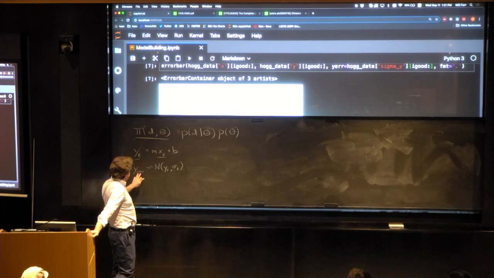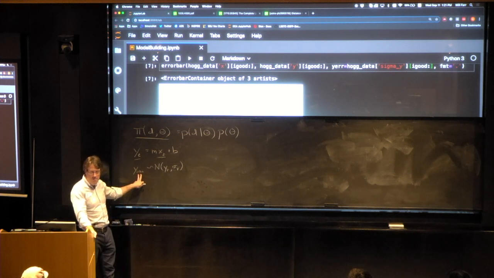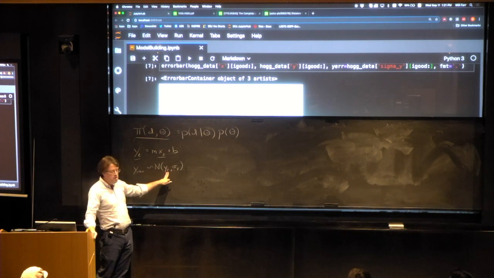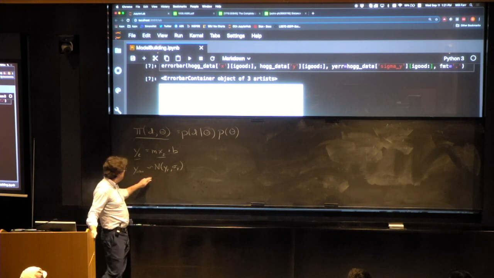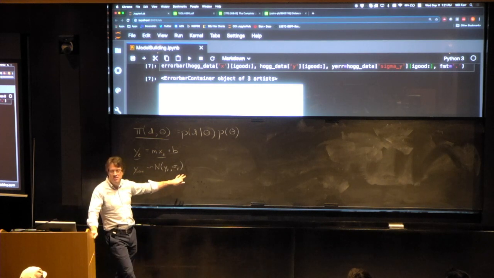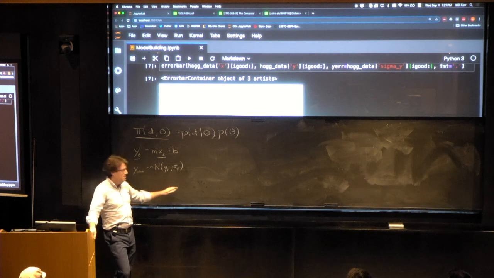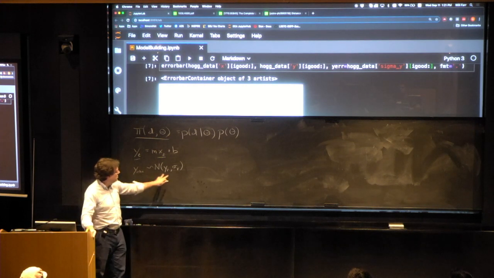So we pretend that the observed value that we see is normally distributed about the true value with the uncertainty the experimenter has given us. When I write things like this, something twiddle something else, is that notation familiar to everyone? It means this is a random variable which follows this distribution.